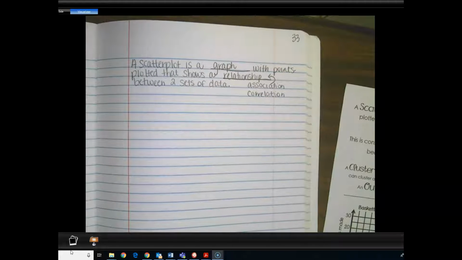And for 8th grade purposes, correlation and association are going to mean pretty much the same thing. When you get into this a little bit more, there is a slight difference between them, but we don't really need to know that difference for 8th grade, so we're not going to. Association and a correlation.